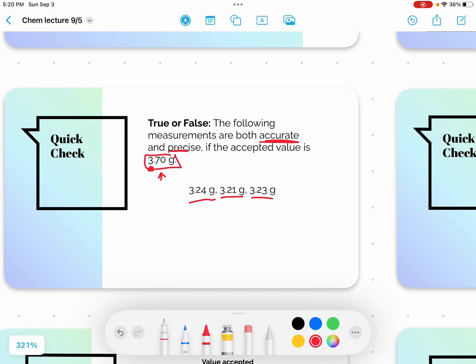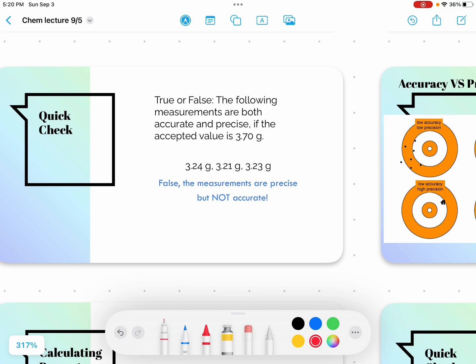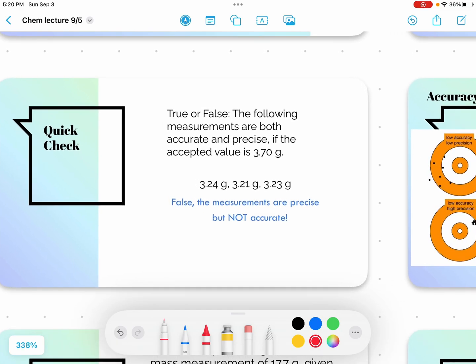But the numbers themselves are pretty close to each other, so I would say it would be precise, but not accurate. So let's check our answer. The statement is false. It is not both precise and accurate, but it could be precise because these three numbers are very close to each other, but not accurate because they're not close enough to the actual accepted number.